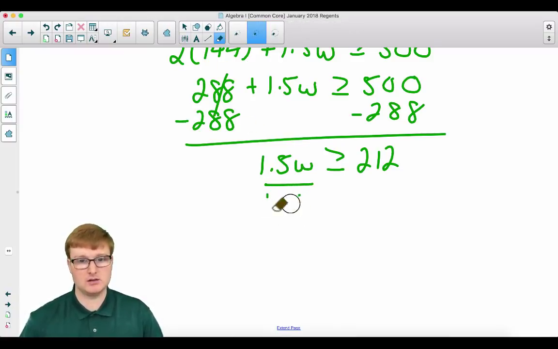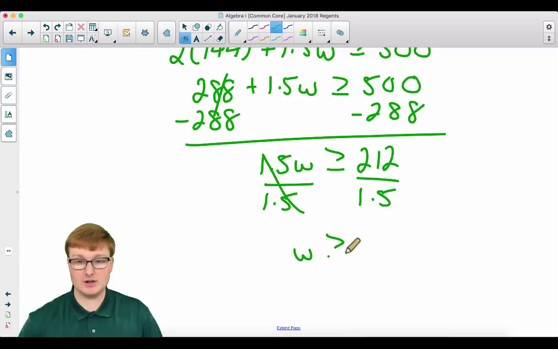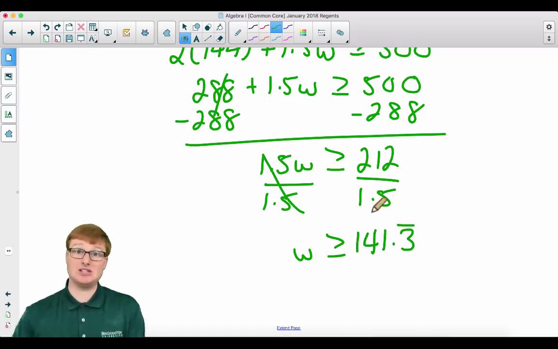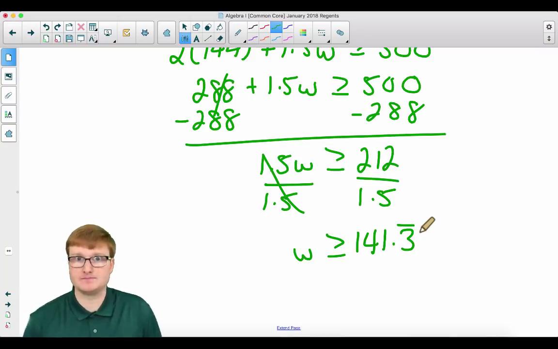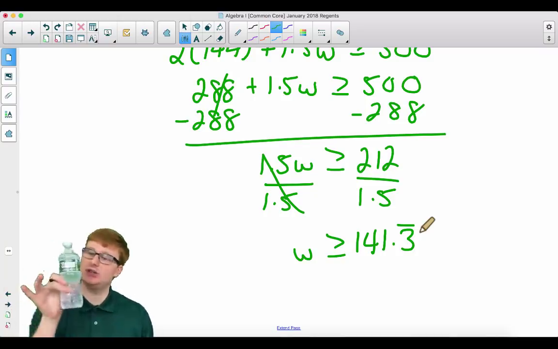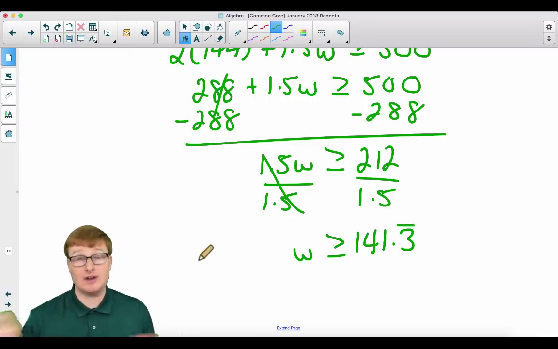That's ugly. We have 1.5. Divide by 1.5. Cancel those. We get W is greater than or equal to 141.3, repeating when you type this into your calculator. But when's the last time you bought a third of a water bottle? No. You need to round it up.